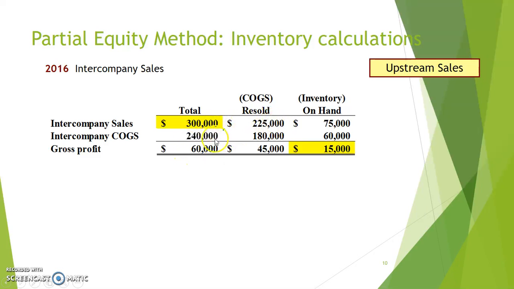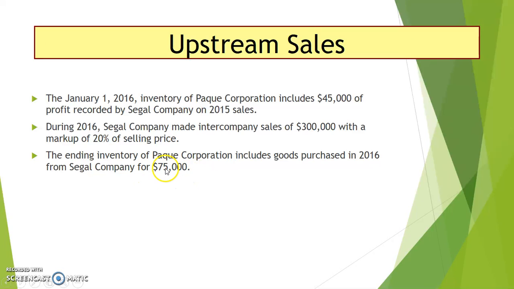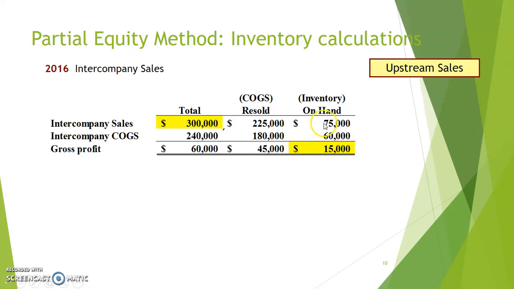We know that of this amount, we had 75,000 on hand at the end of the year, thus suggesting that we sold 225,000, and we make the necessary 20% calculations here, which would indicate that our unrealized profit in ending inventory is 15,000, and we would make the necessary adjustment by eliminating the intercompany sales by debiting the sales account with 300,000 and crediting our cost of sales with 300,000.